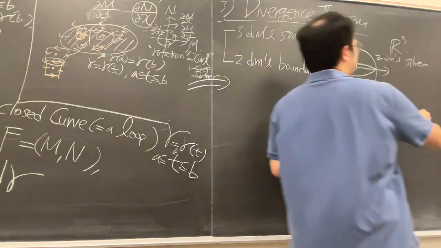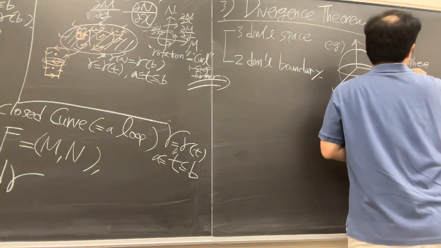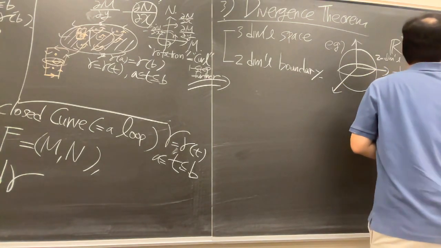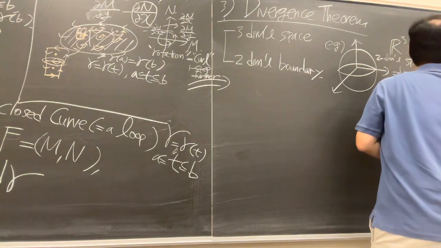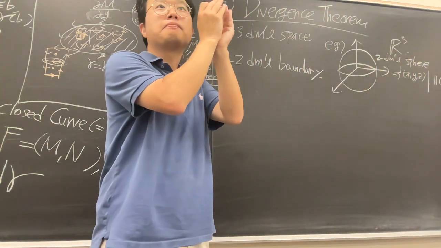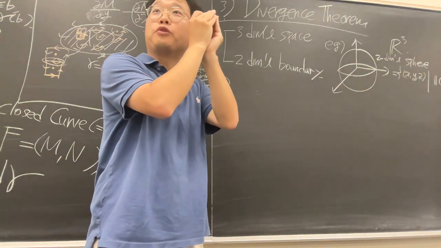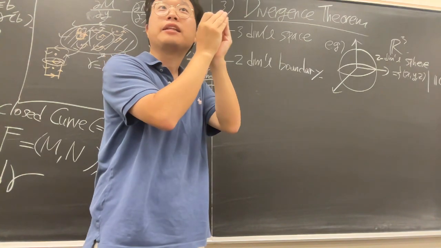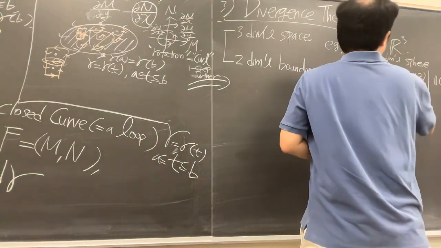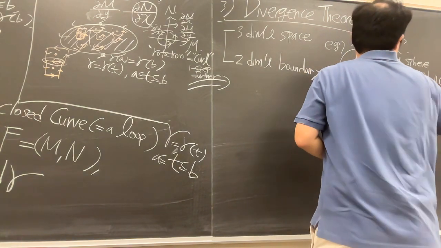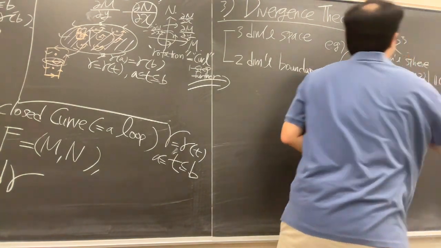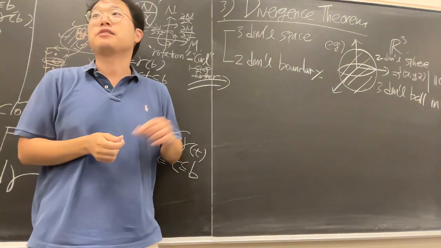Sphere just means that if you look at x, y, z as a vector, the magnitude equals 1. So just look at the surface. Can you now regard this as a boundary of the inside? So now you have a three-dimensional ball inside. Does that make sense, Steve?